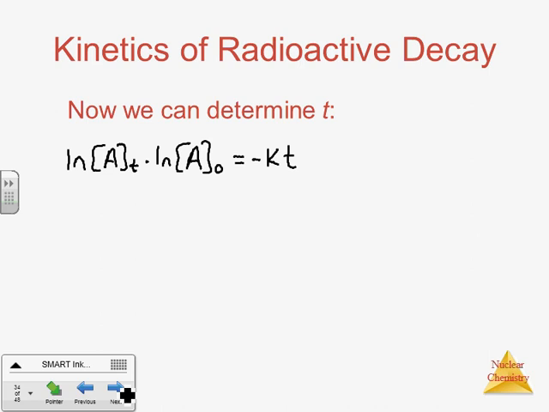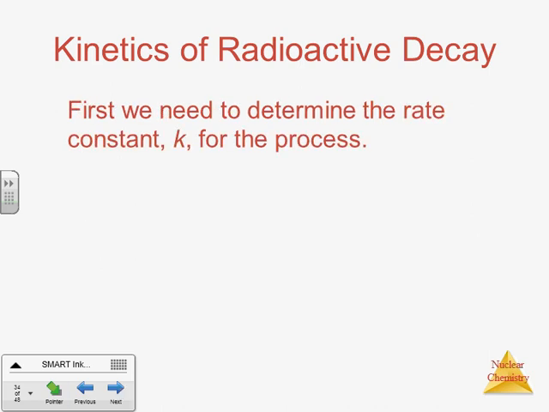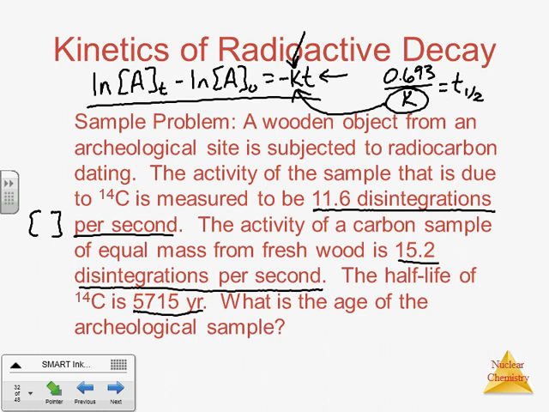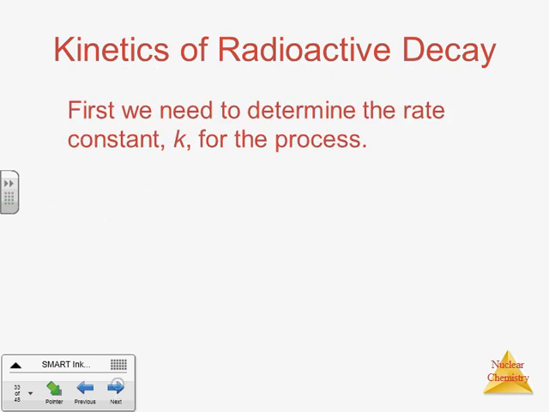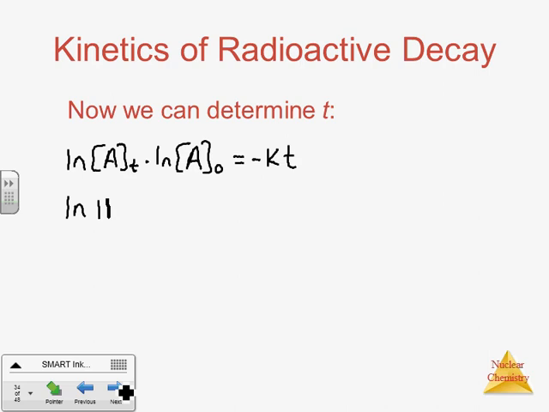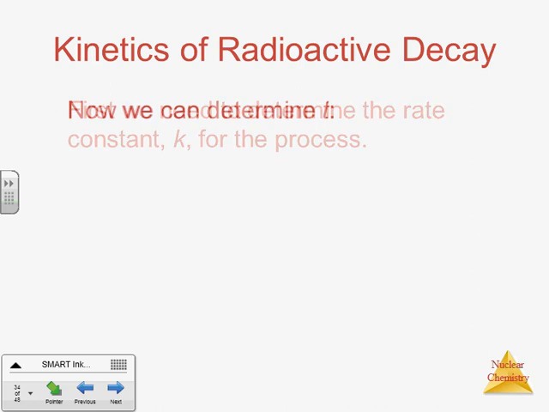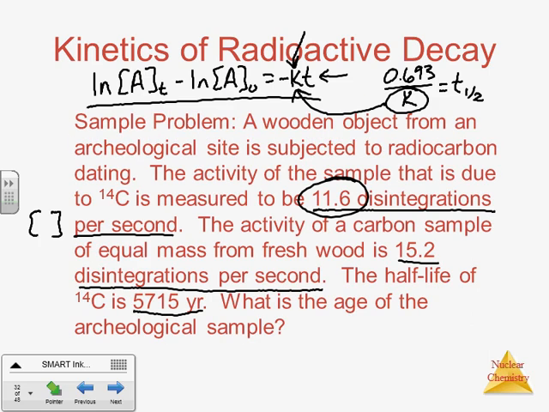So now we've got the natural log of A at time t, and that's going to be our concentration at time t, after it has decayed for a while. So this is our concentration at time t, 11.6 disintegrations per second, minus the natural log of the concentration at time 0, which, coming back over here, is 15.2. That's our initial concentration.